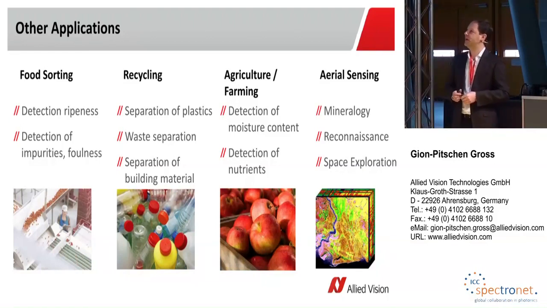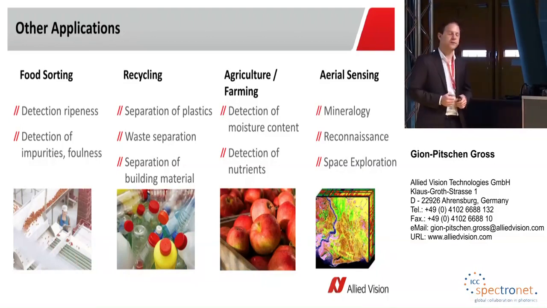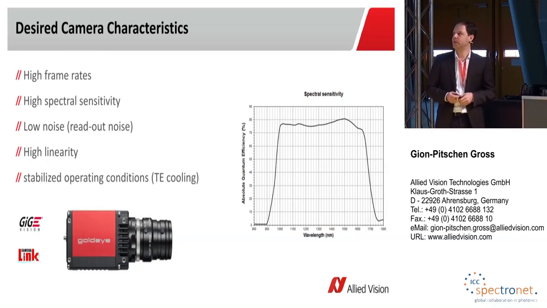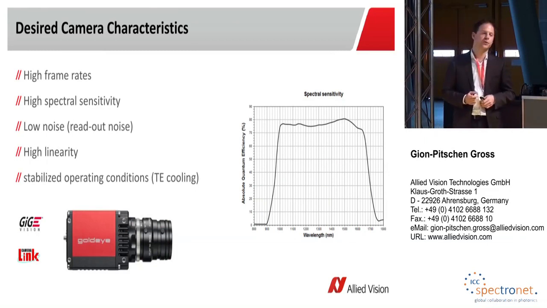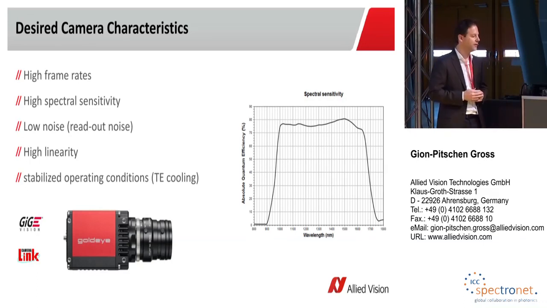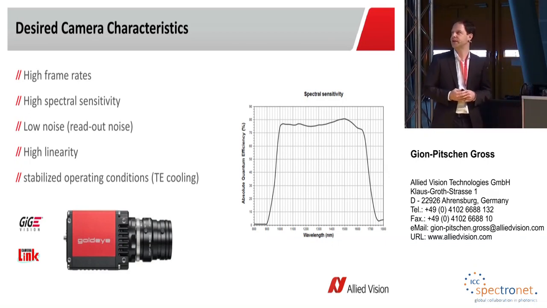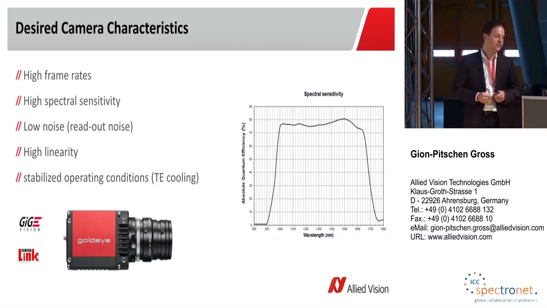So in the end, I would like to also ask about some desired camera characteristics for a hyperspectral solution. Nowadays, the push-broom method is often used, as I described, where I run over a line and let it run as quickly as possible. So high frame rates are very important there. Another important factor is a high spectral sensitivity.